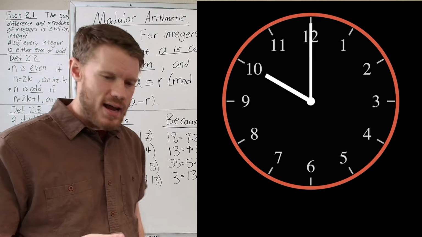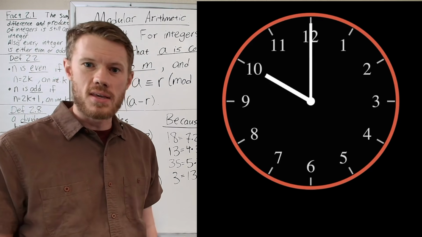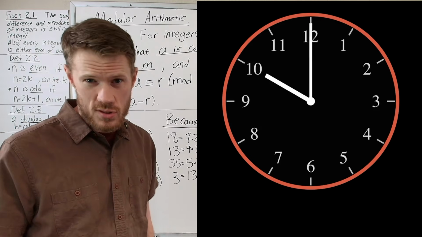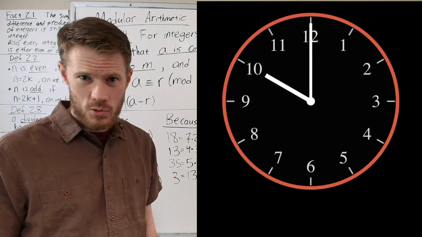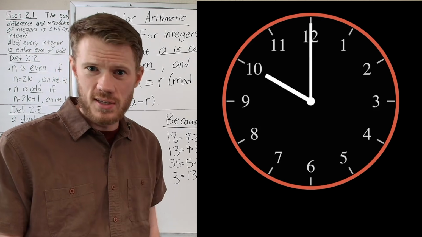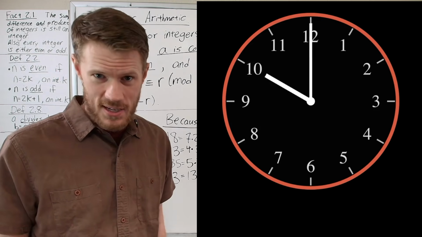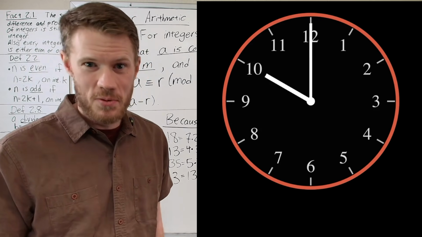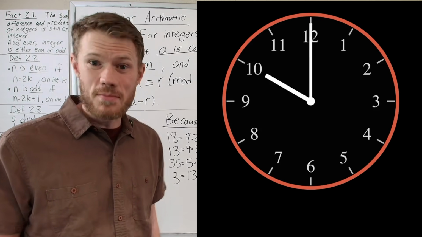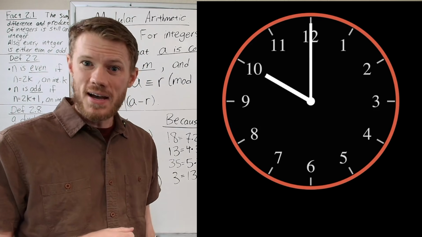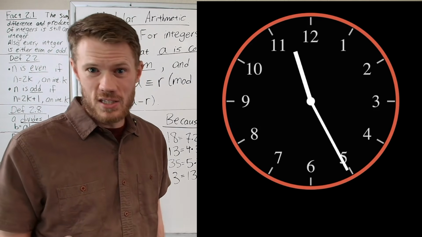And if someone asked you, what time is it going to be in 4 hours, what would you say? Would you take 10 plus 4 and get to 14? 14 o'clock? Some places outside the USA, some military people within the USA might accept 14 o'clock. But we wouldn't say it's 14 o'clock.